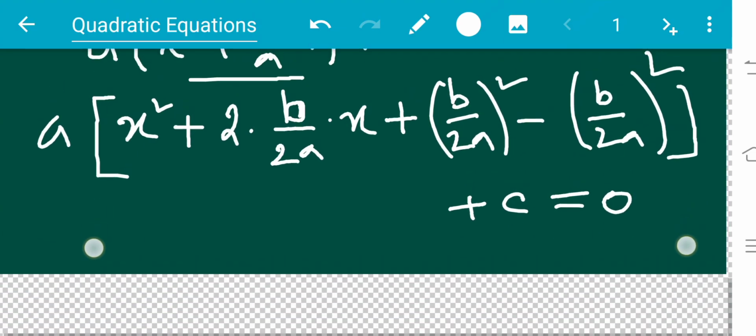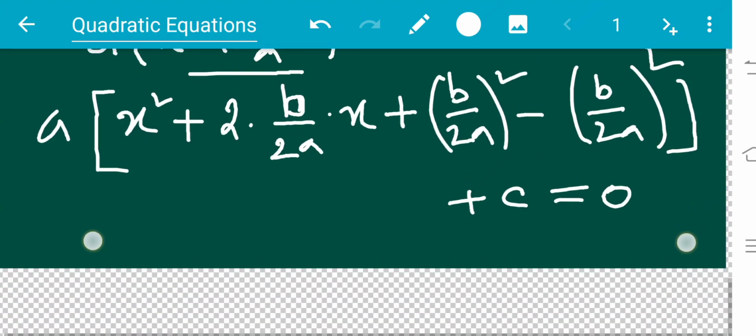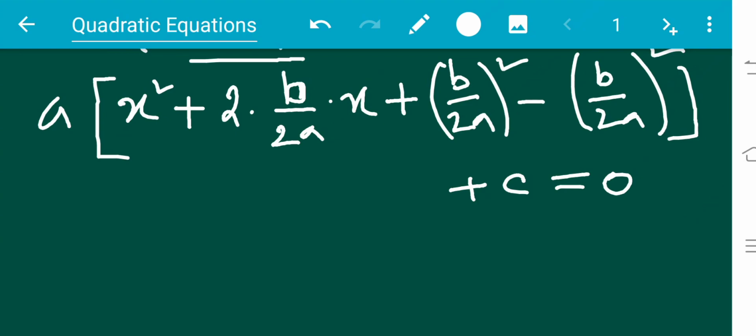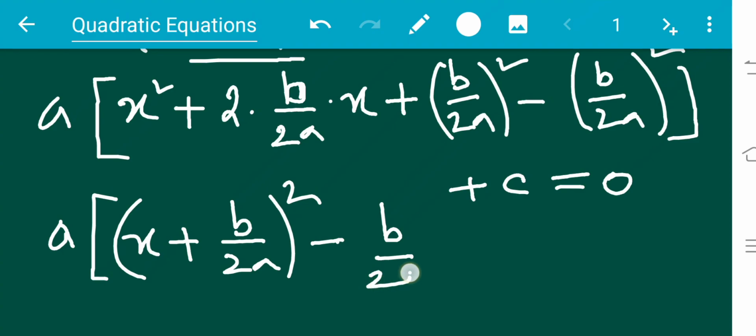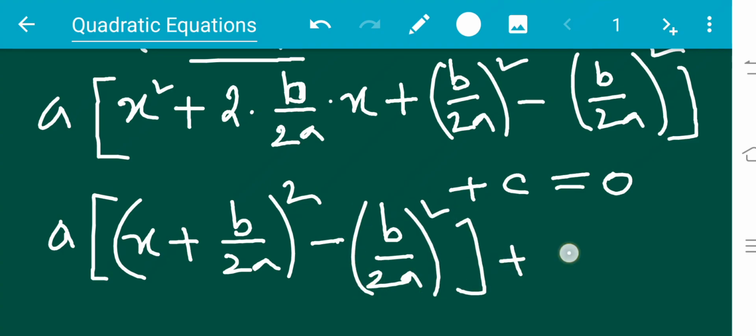Now I can write this as a times x plus b by twice a whole square minus b by twice a whole square, plus c equal to 0.